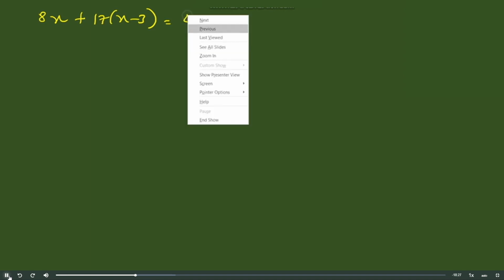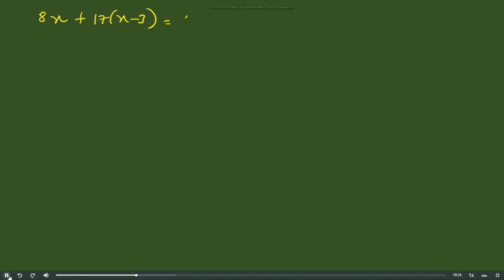Okay. Let me show you what is a linear equation. A linear equation is an equation in the below form: 8x + 17(x - 3) = 4(4x - 9).